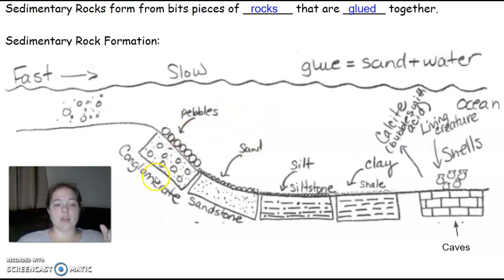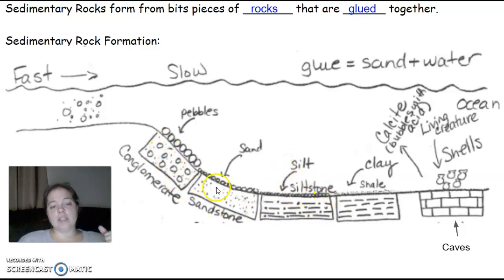So pebbles make conglomerate. How you know? Basically, it looks like pebble pudding. And then the next size down is sand, which makes sandstone. The next down you have silt, and that makes siltstone.